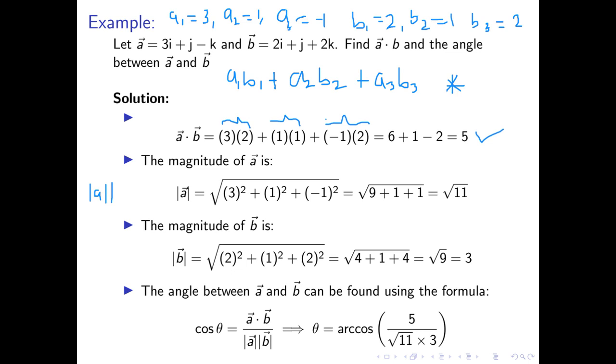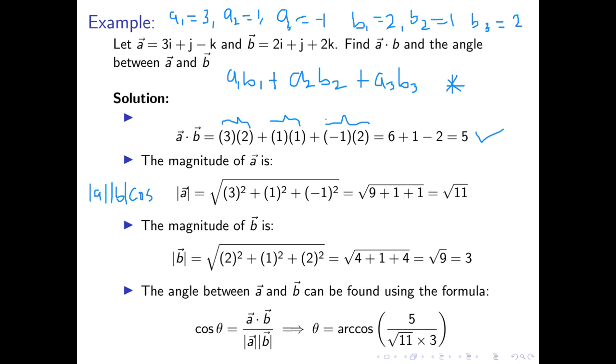So we need to then calculate the magnitude of A. Magnitude of A using the triangle law will be the square root of A1 square plus A2 square plus A3 square, which is root 11. We need only the magnitude of A, not the magnitude of A and B.